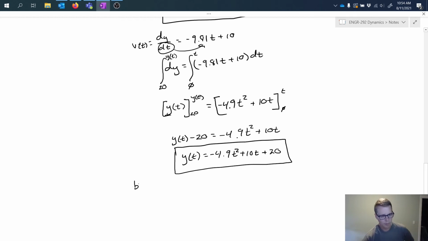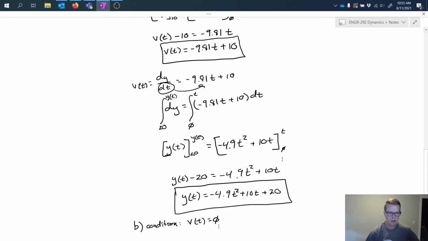So we can use that as the condition that we are going to apply in order to evaluate this problem. So for part B, the condition is that velocity is equal to 0. So to evaluate this problem, we can come back and look at what we have here that we've solved for in part A. We have equations for velocity and we have equations for position.